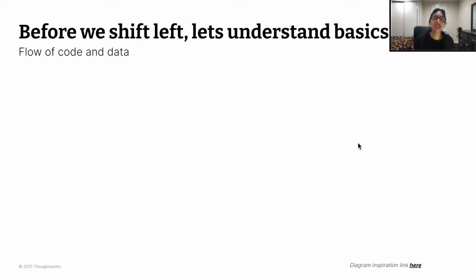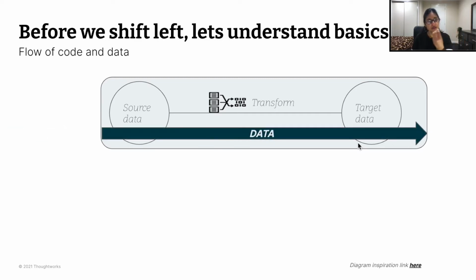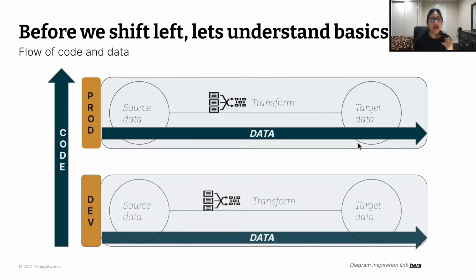But before we shift left in the data engineering world, we have to clear some of the basics. When we say data pipeline, we know that data flows from source to target. But a data pipeline, apart from data, also has some code. And code flows from lower environments to higher environments.